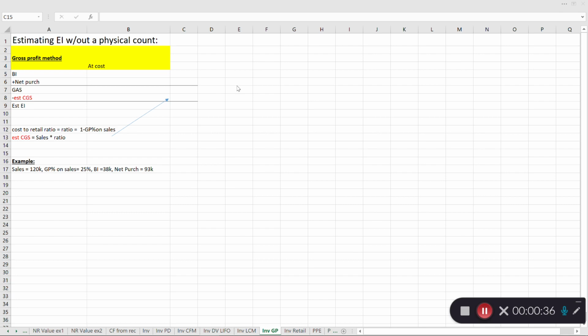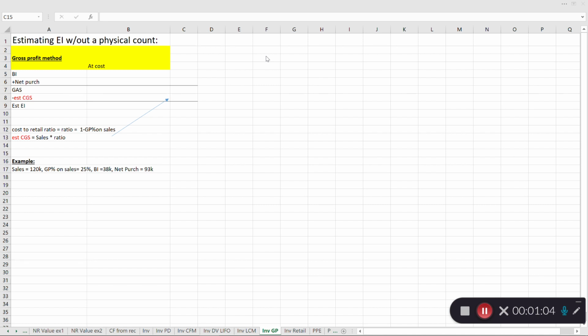Now, sometimes we don't have that option. Sometimes we may not be able to count the inventory at the end of the period, and that's where a method like the gross profit method comes in handy. So if you can imagine, think about a company that has inventory, has sales information. This is all under a computer system, and somewhere along the way something happens to the inventory, some accident.